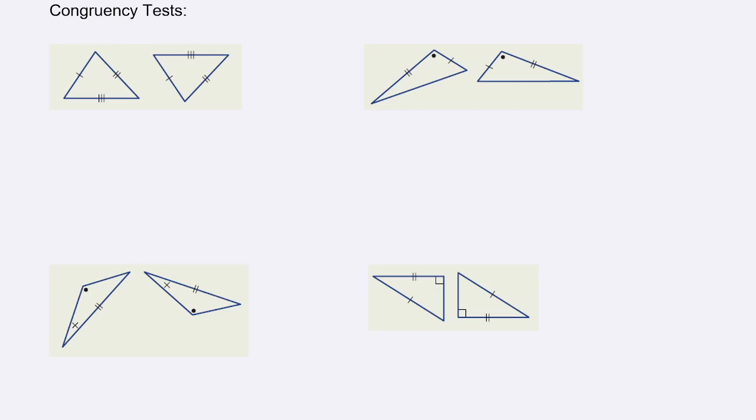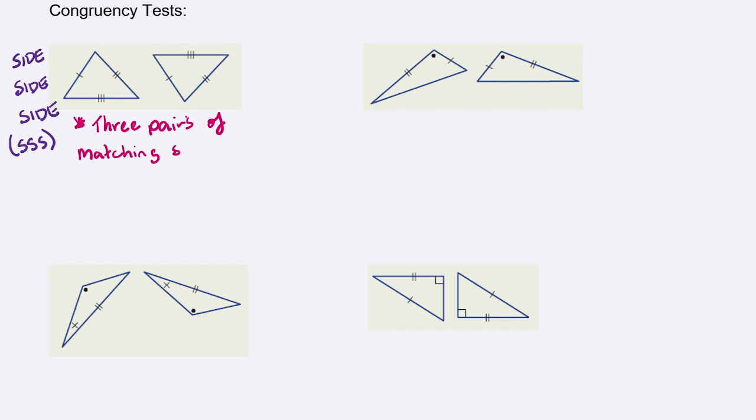Our first congruency test is called side, side, side, or triple S. Okay, so it is the triple S test, and what you're looking for with this one are 3 pairs of matching sides and you want them to be equal. Okay, 3 pairs of matching sides are equal.